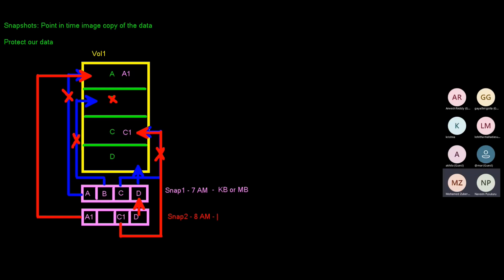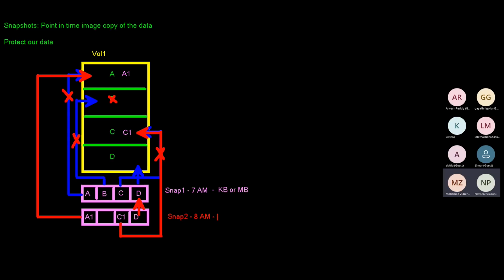Initially, every snapshot's size will be very low, I mean, very minimum. It will be in KBs or MBs. Whenever we start modifying the data or deleting the data, as the data moves to the snapshots, it will grow. The snapshot will keep on growing in size.